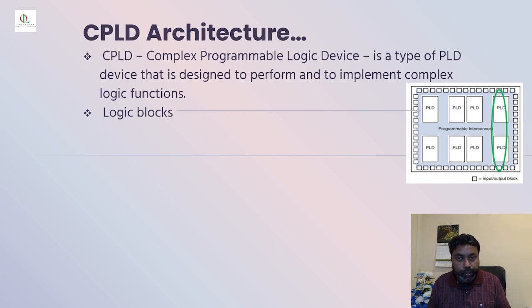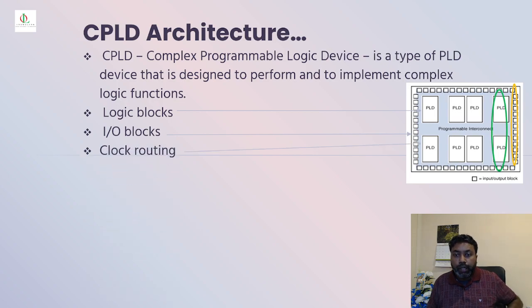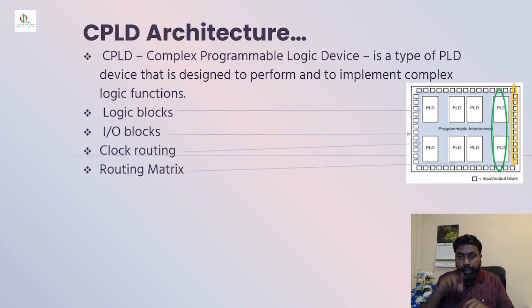If you want to use 10 UARTs, these logic blocks can integrate with the I/O blocks. The ones in yellow on the outer boundary are the I/O blocks. Clock routing gives the clock to the PLDs. And there is a routing matrix which connects the PLDs with the next PLDs through a matrix, if you feel like it. It's all networked. So this is basically about the CPLD.